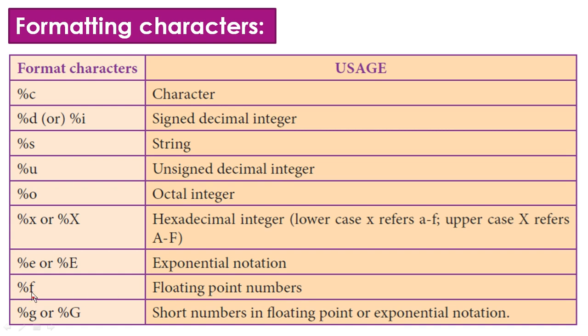Such numbers are indicated by percentage f. F means floating point numbers. And the final one, percentage g or capital G, short numbers in floating point or exponential notation, like 5.1 multiplied by 10 power 2. That is indicated by the formatting characters g or capital G. These are the formatting characters and their usage.